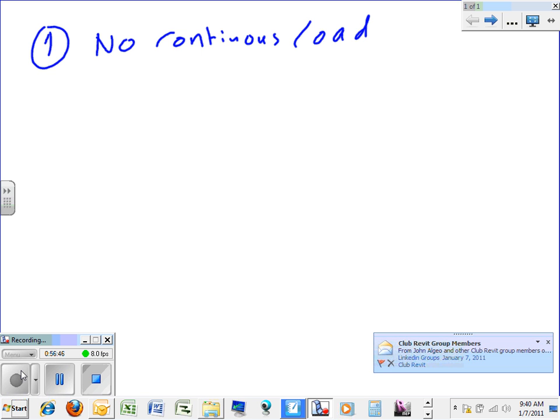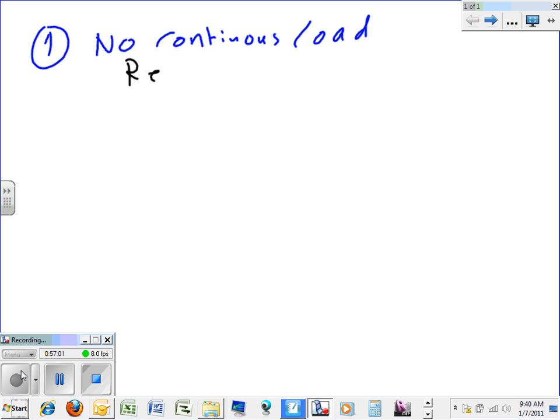A couple of examples, guys. I have a non-continuous load. An example for a non-continuous load in a commercial building would be what? Receptacles. A good example is receptacles, but it could be anything that runs less than 3 hours.